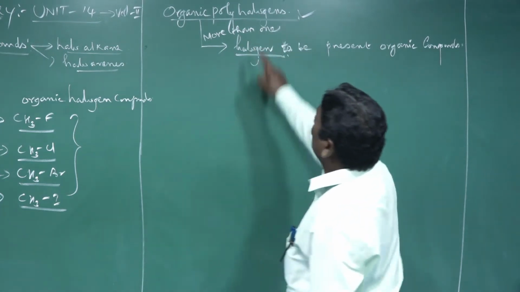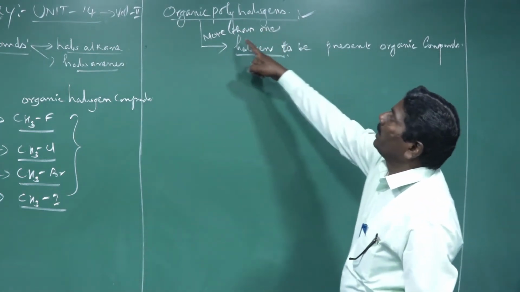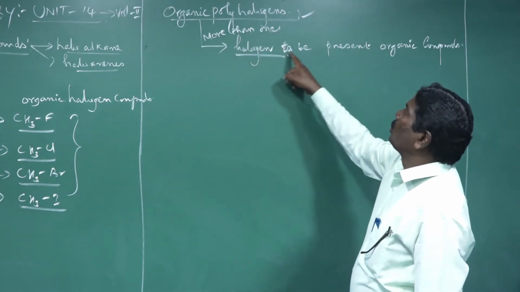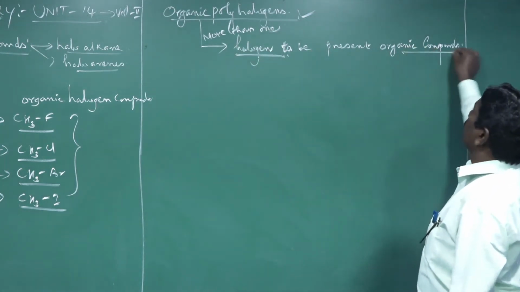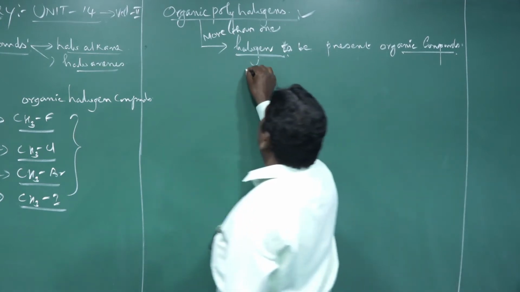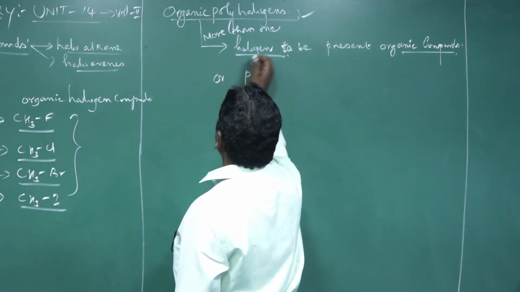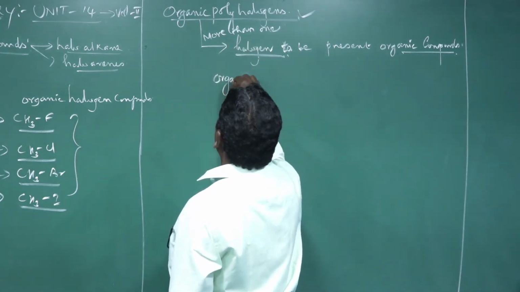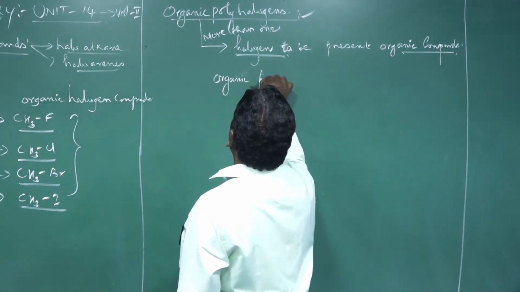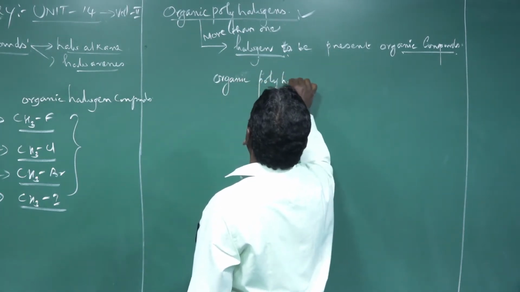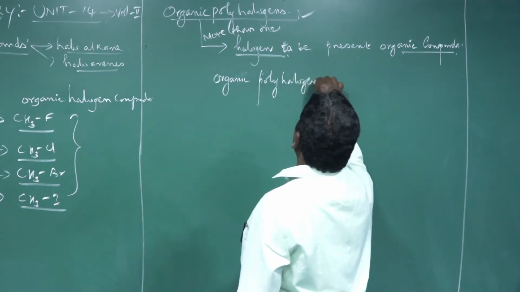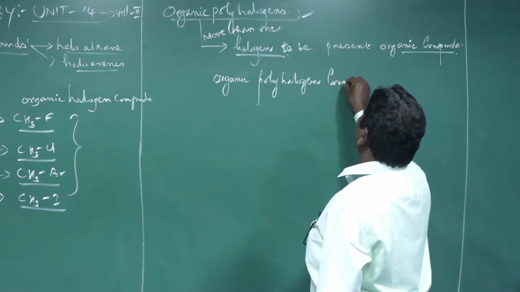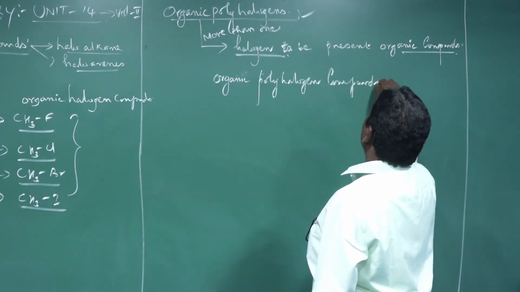More than one halogen present in organic compounds are called polyhalogen compounds.